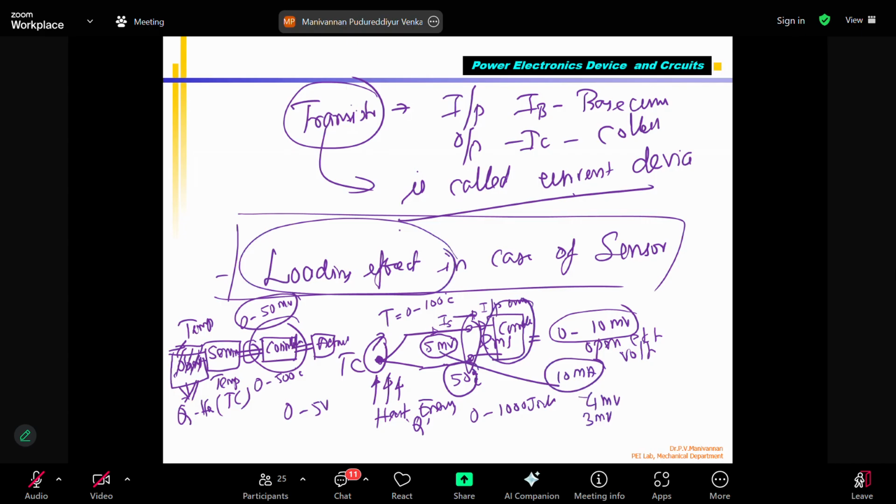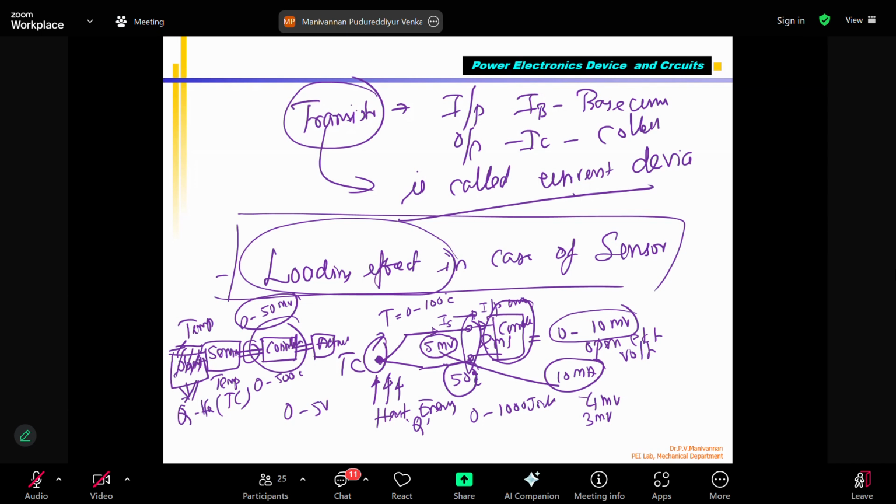Any controller or electronic device which is connected to a sensor takes current from the sensor, because please note that all sensors produce voltage proportional to the input parameter. Being a temperature sensor, thermocouple 0 to 100 degrees, or sorry, instead, a force transducer, we know the strain gauge based force transducer. We use a Wheatstone bridge. It uses what is that?